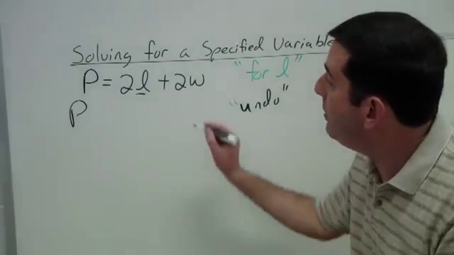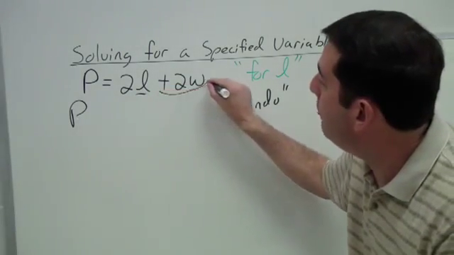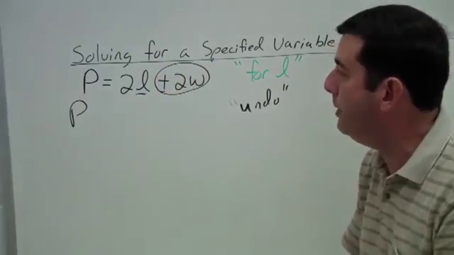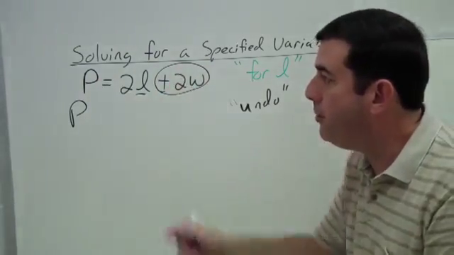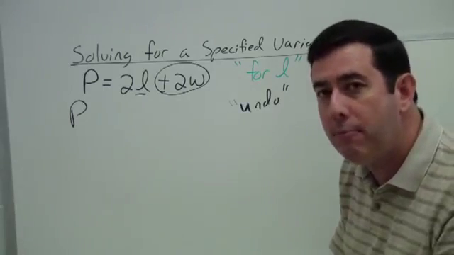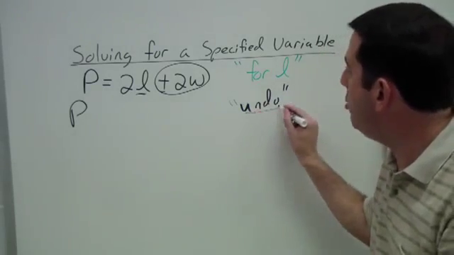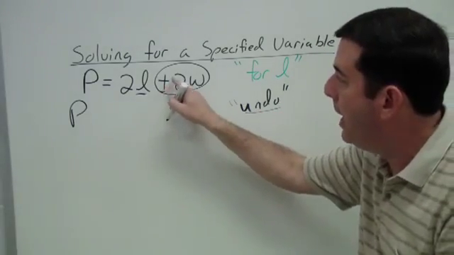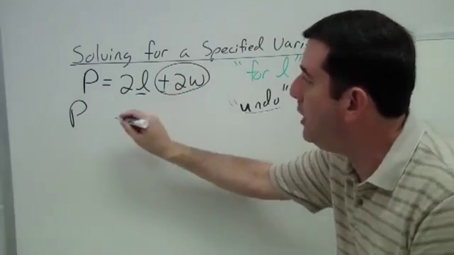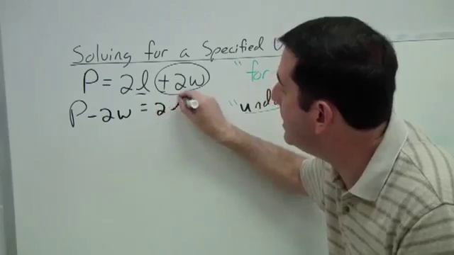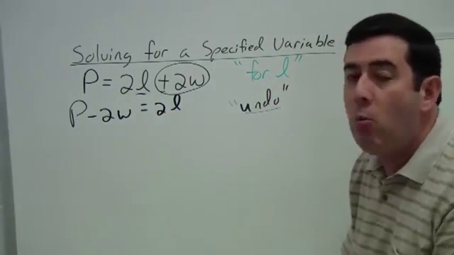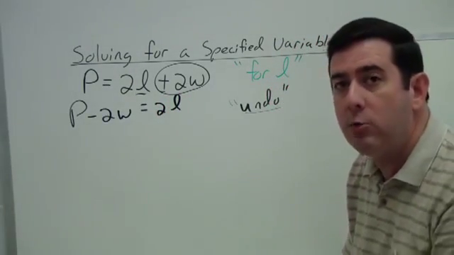Now, the first thing, though, that we'll need to move is this plus 2W. Since it is added, when I move it to the other side, I'll need to subtract it, undoing what has been done. The opposite of addition is subtraction, and that gets us to here. Now, I didn't want to know what two of the L's would be.